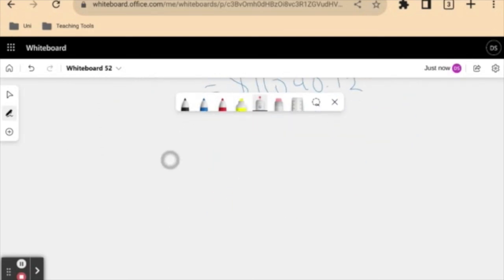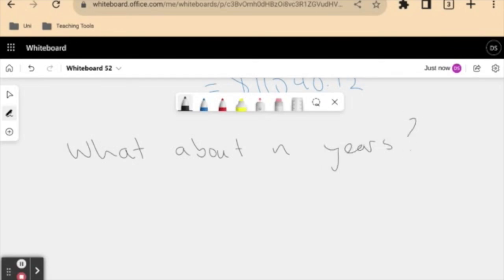And from the patterns we observed, this can give us a general formula. So we can say, what about n years? Just some amount of years, we want a general formula here.